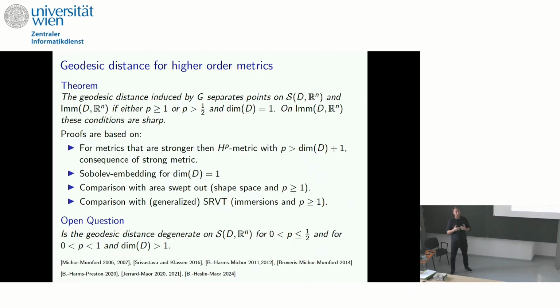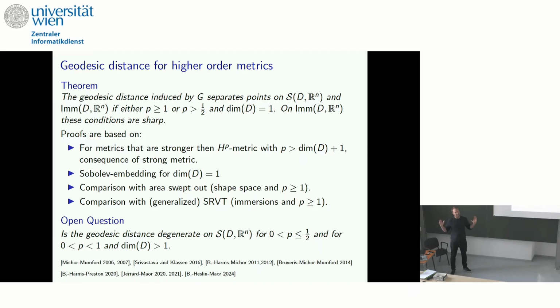This is still open in the context of immersions. I would believe that vanishing up to order 1/2 is quite doable. Actually, we tried this with a postdoc of ours, Patrick Heslin, and we made some progress, but there were essentially only technicalities that prevented us; it was technically tricky, so we didn't get all the way there, but it should be possible.